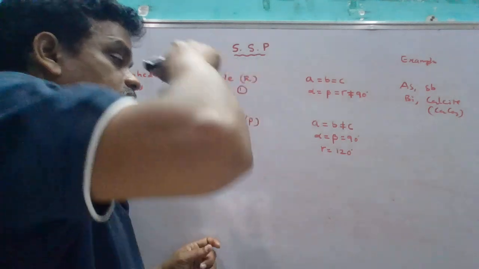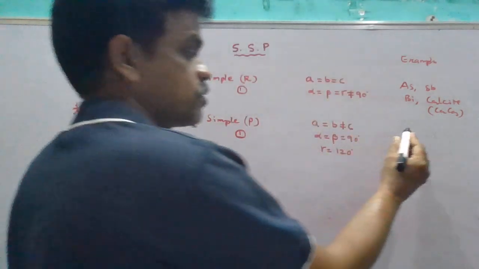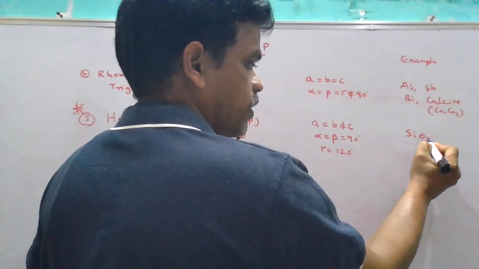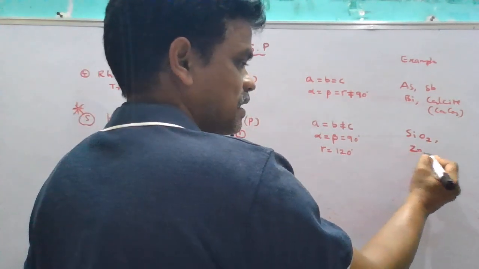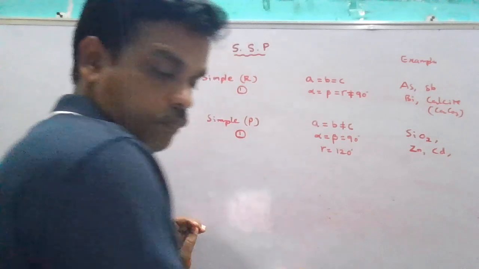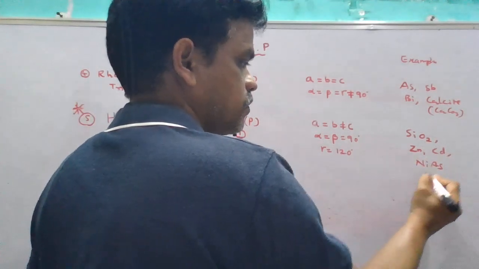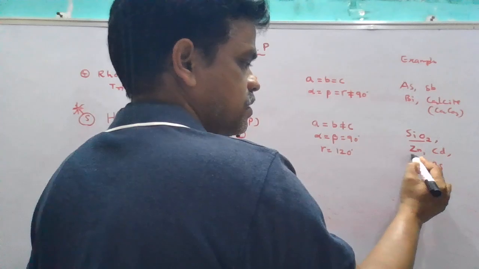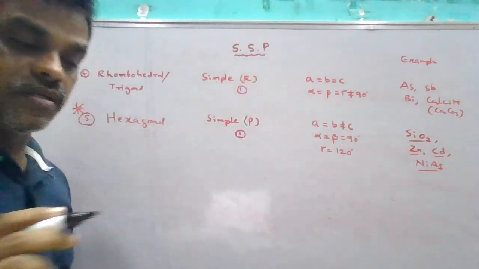So examples in hexagonal system: silicon dioxide, zinc, cadmium, nickel, arsenic.